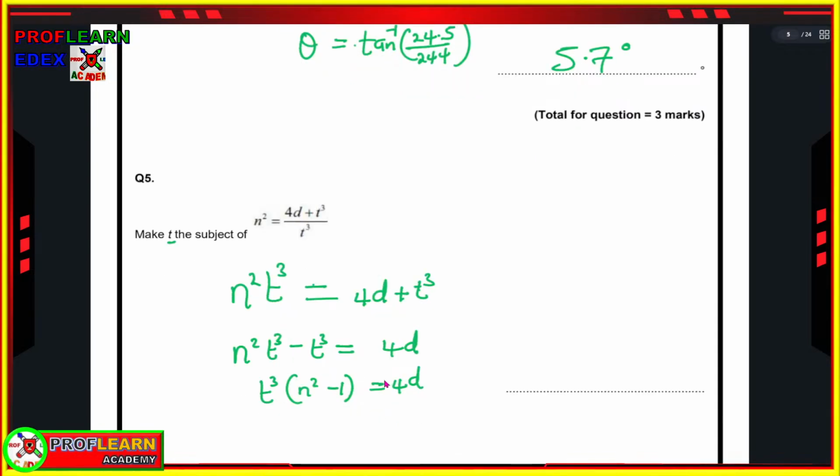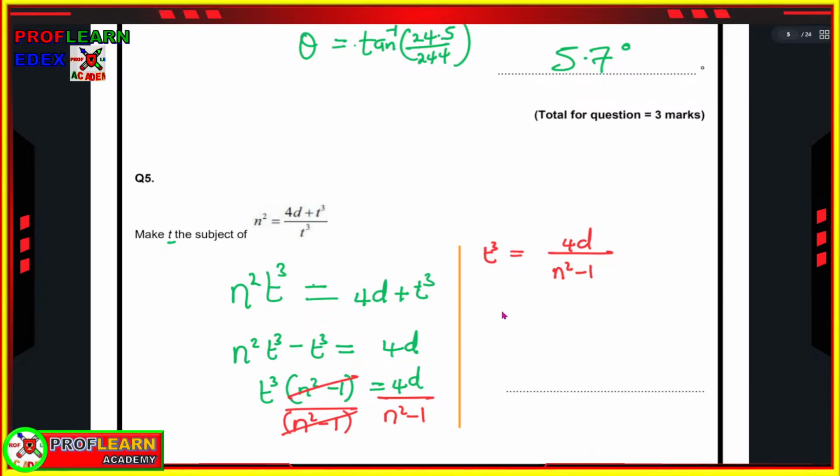In order to remain with t cubed on one side, we are going to divide by n squared minus 1 on both sides, and this will cancel out, so we shall have t cubed equals 4d over n squared minus 1.